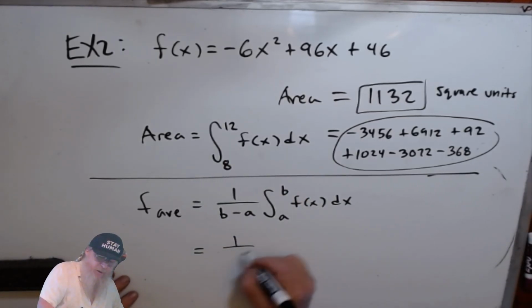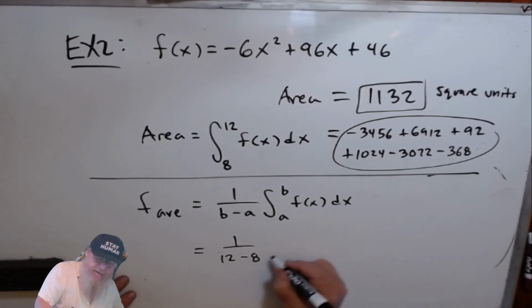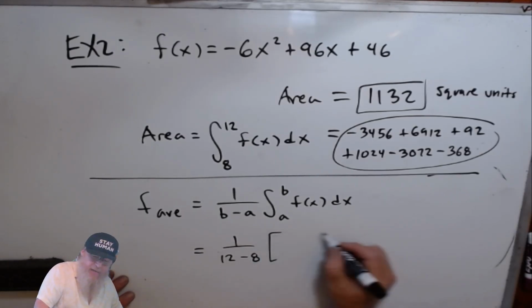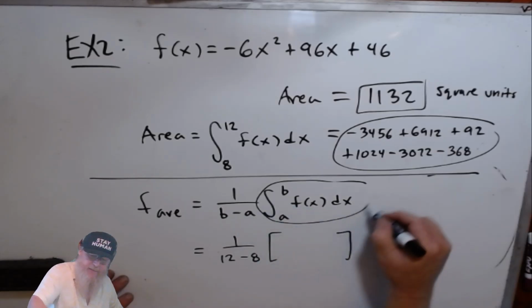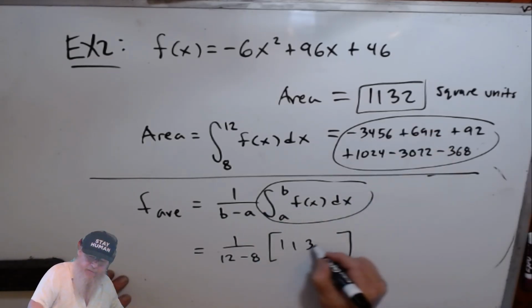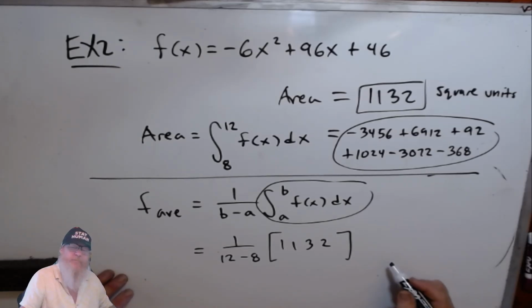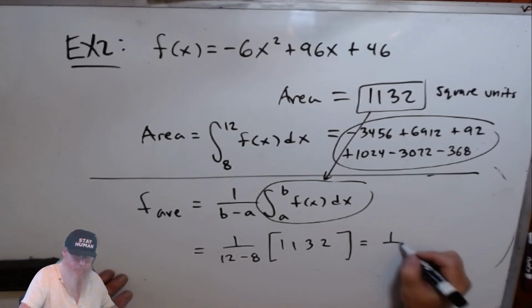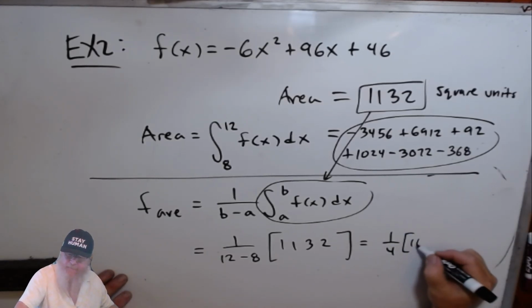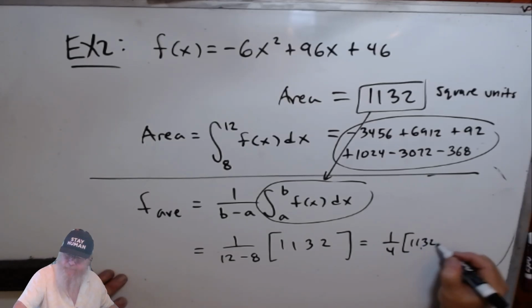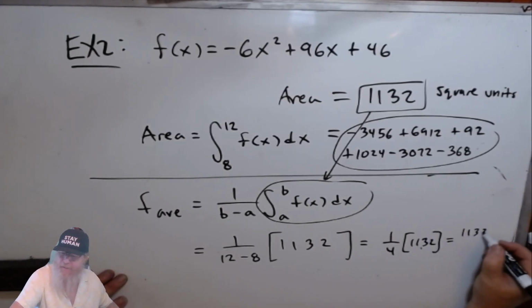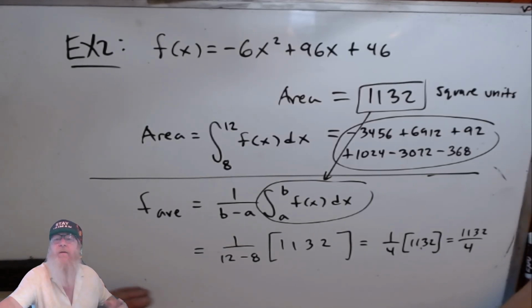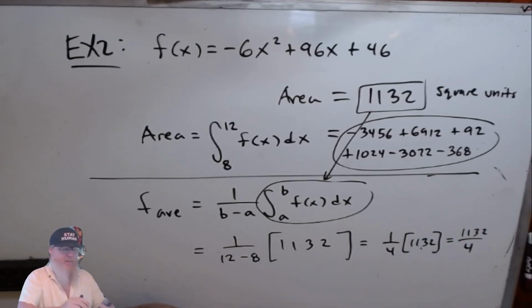So I got 1 over 12 minus 8 times, now I already did this, 1132. So 1/4 times 1132, or simply 1132 divided by 4.